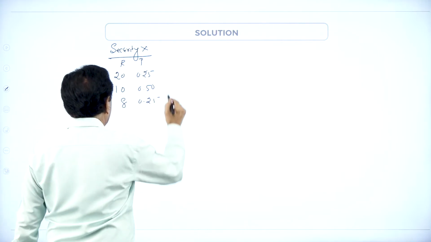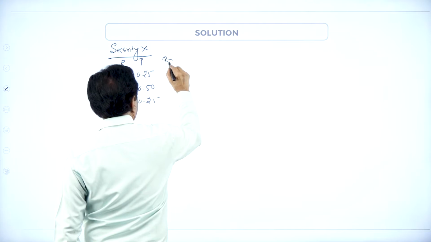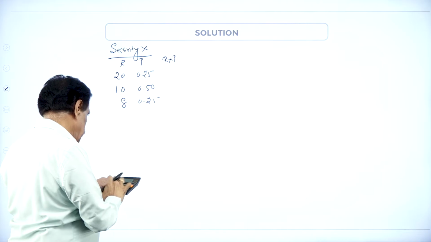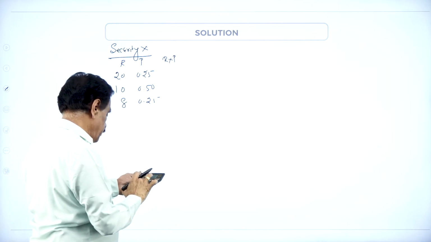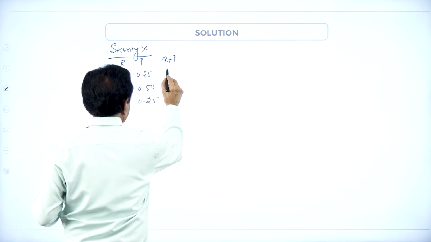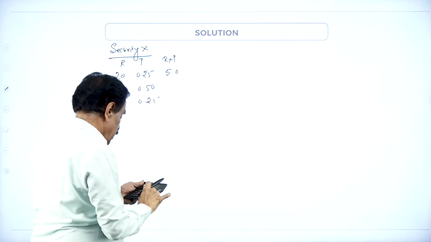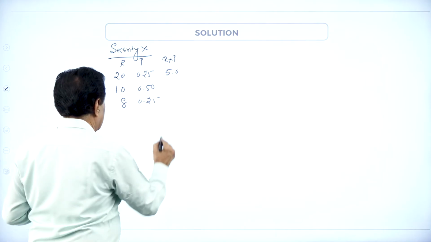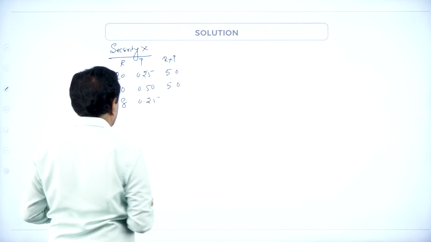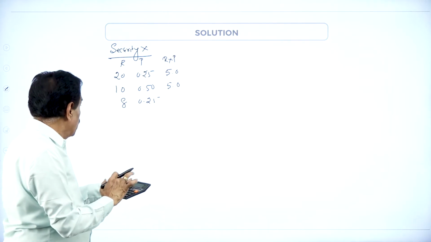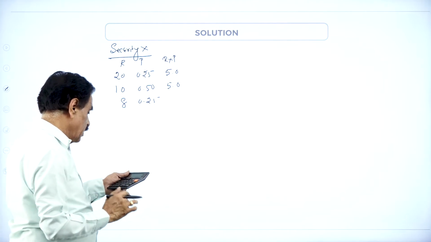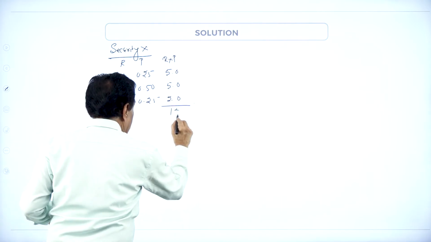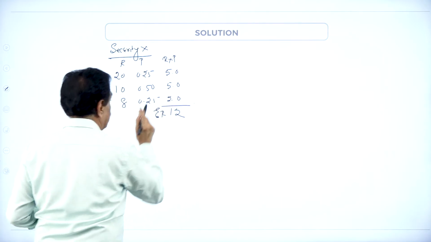Now multiply R into P for the expected return. 20 into 0.25 is 5, 10 into 0.50 is another 5, 8 into 0.25 is 2. The expected return becomes 12.